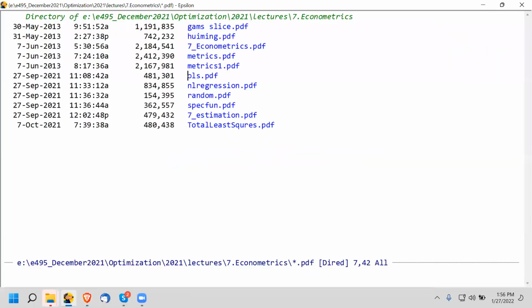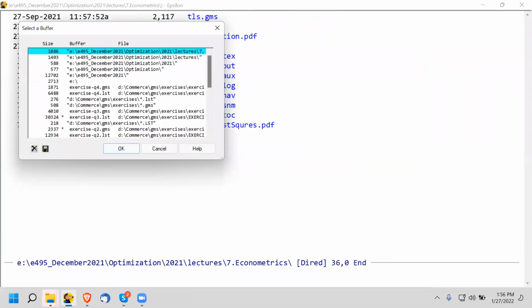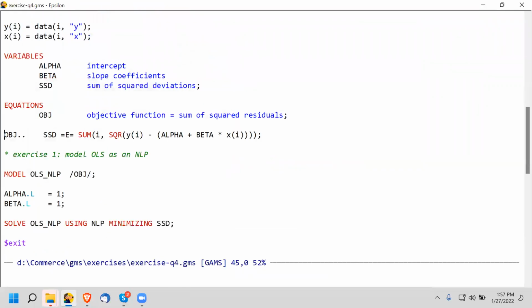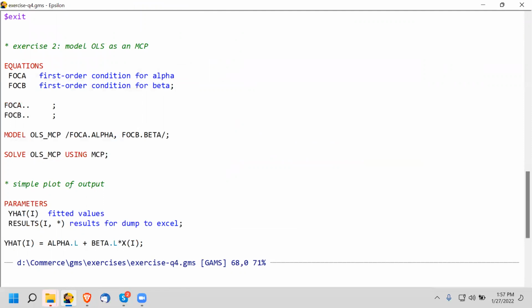So if I go back here where we were, that gives the whole thing, and finally we have the first order condition for alpha.